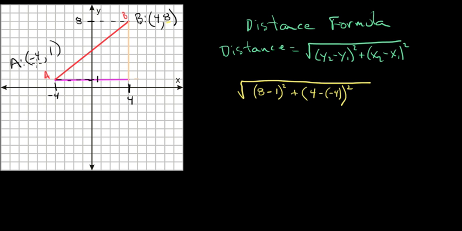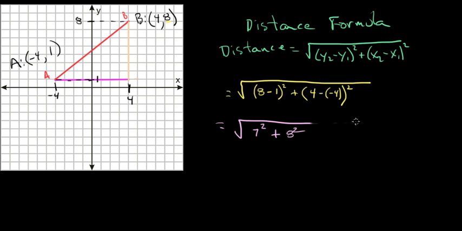Now the positives and negatives are very, very important here. So we have 8 minus 1 is 7 squared, plus 4 minus a -4, that's 4 plus 4. So that's 8 squared. Okay?